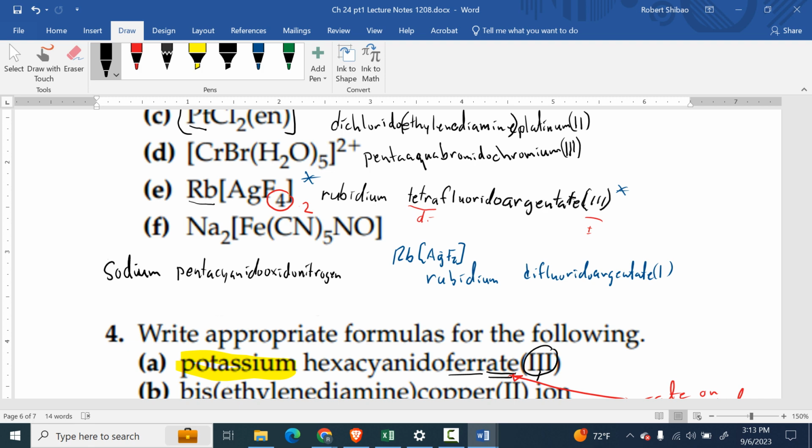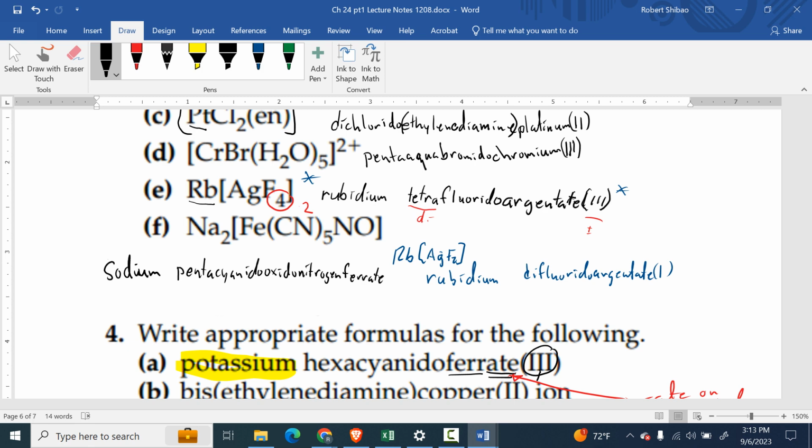Iron, ironate, or ferrate? It's going to be ferrate because the whole thing's got to carry a net -2 charge. I have 2 positive sodiums, and so this is going to be ferrate. And then what's the charge on iron? 2. All right, cyanide is -1, so that's -5.